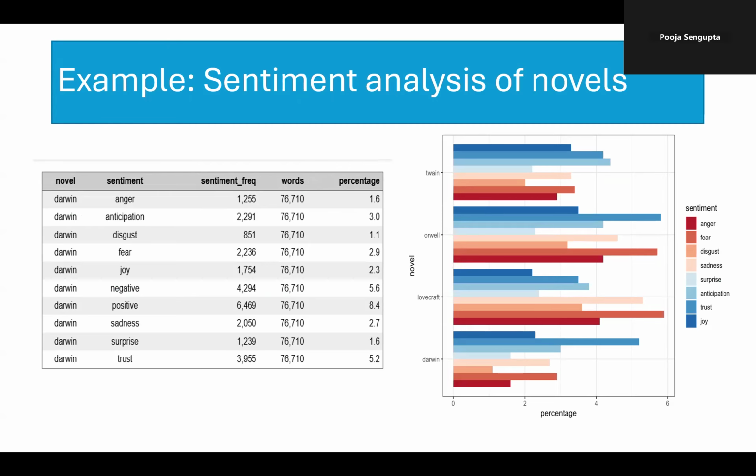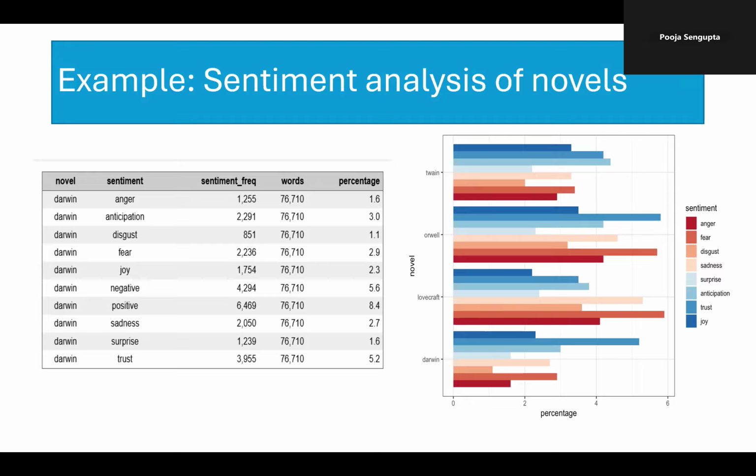So here is an example of a novel. The different sentiments are anger, anticipation, disgust, fear, joy, negative, positive, sadness, surprise, and trust. From the given novel, through text analysis, we have extracted the words that are related to each of these sentiments, called the sentiment frequencies.